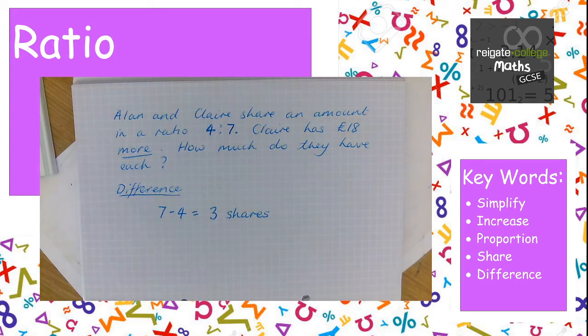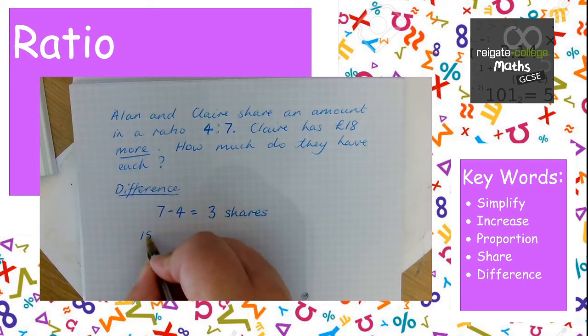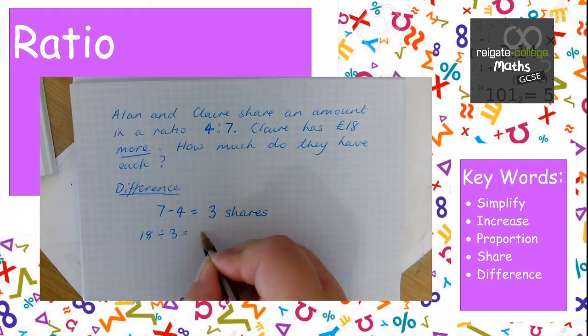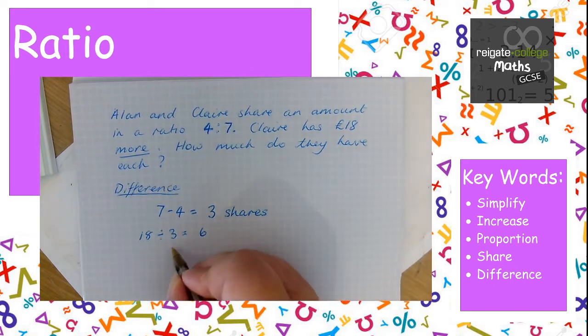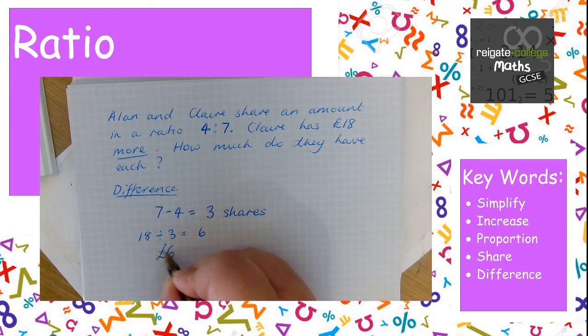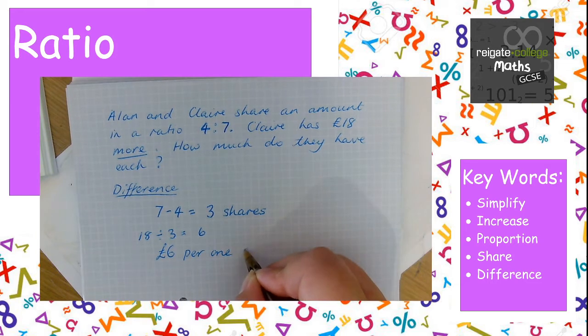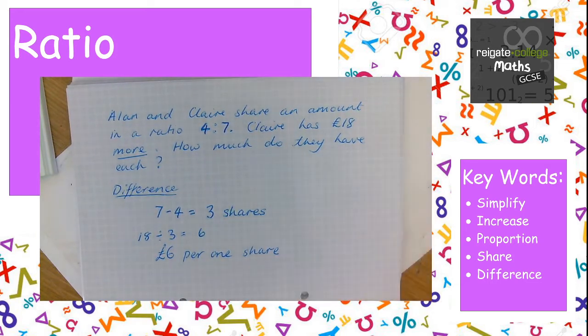If £18 is equal to 3 shares, I'm going to find the value of 1 share by dividing that £18 by 3. One share is worth £6.